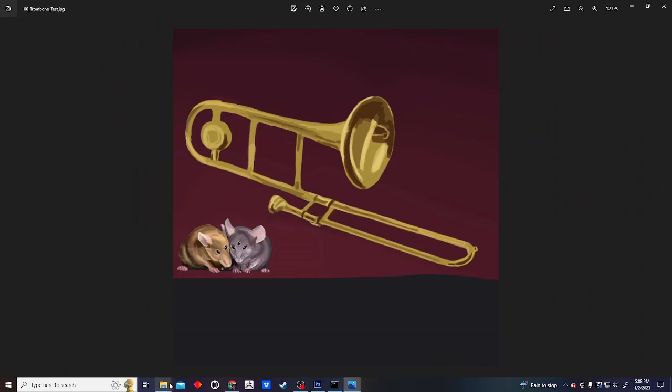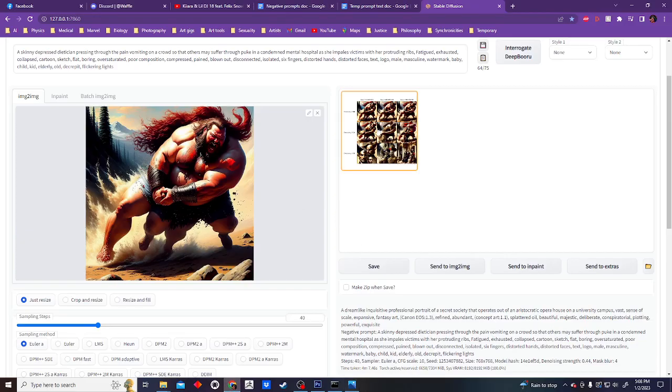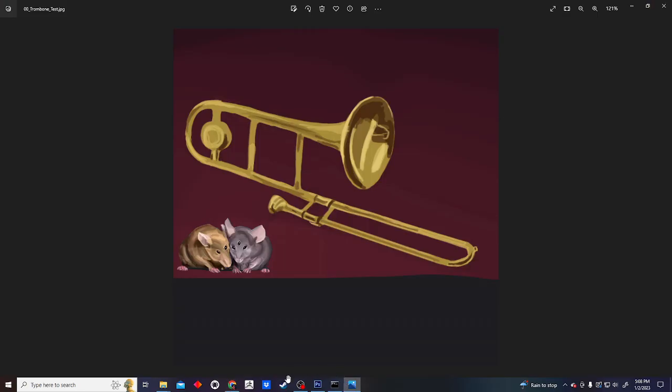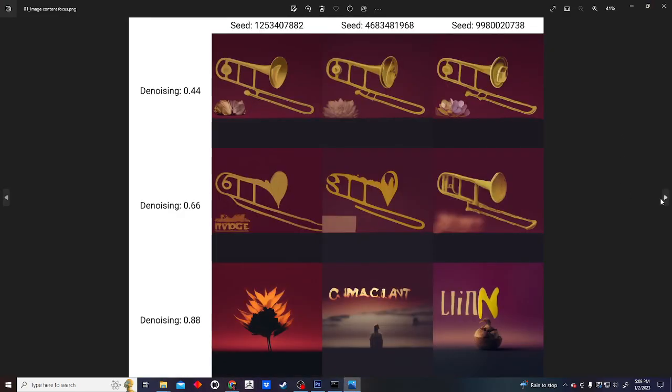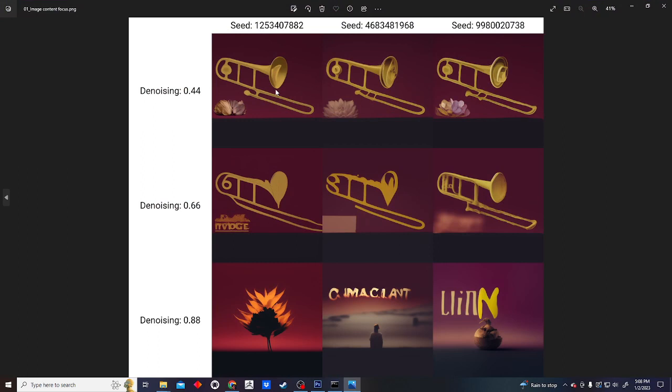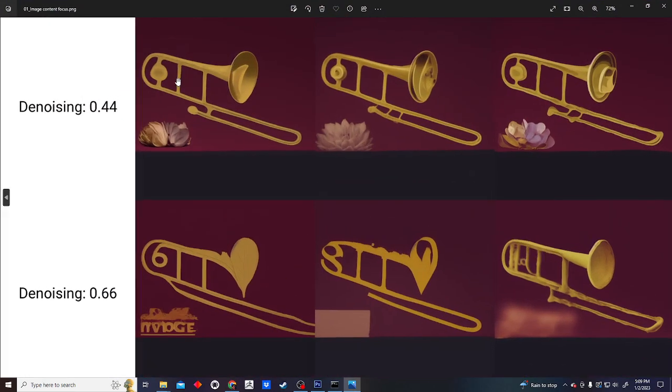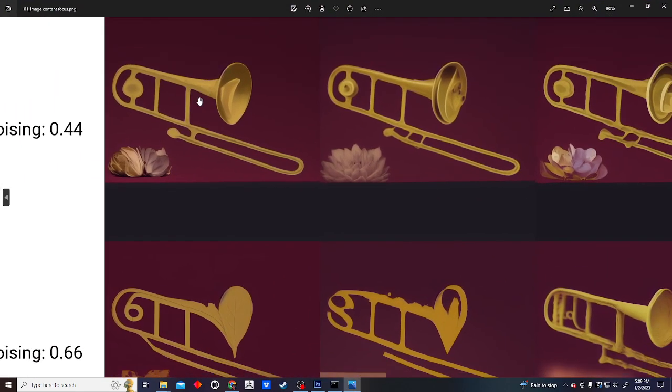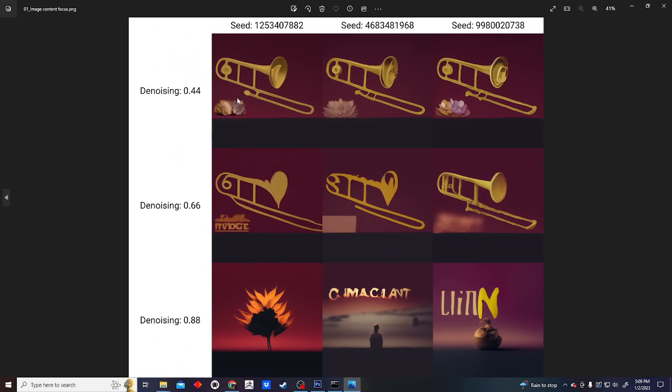So if we look at Stable Diffusion, I have it set up to have an XY plot as one of the outputs. So I made an XY plot of using the image input by putting it into my image to image here, and then from there being able to see that when I just use the word image content as the prompt, at low denoising levels, so I should explain what an XY plot is.